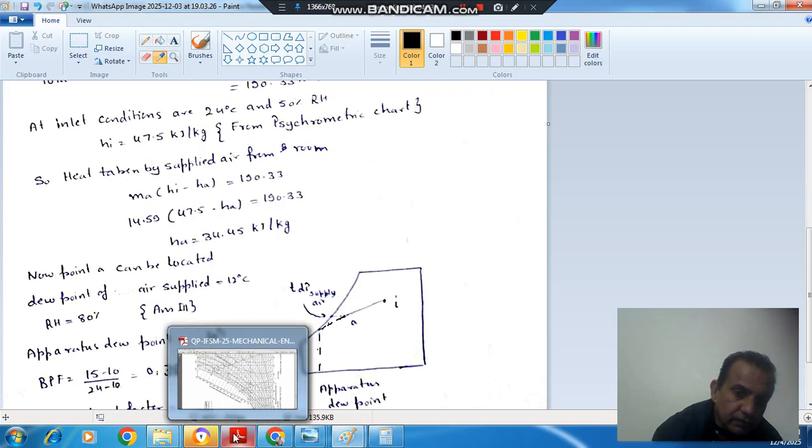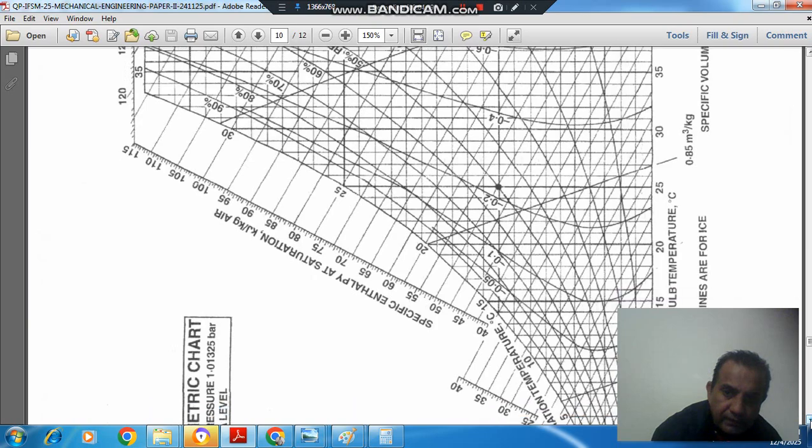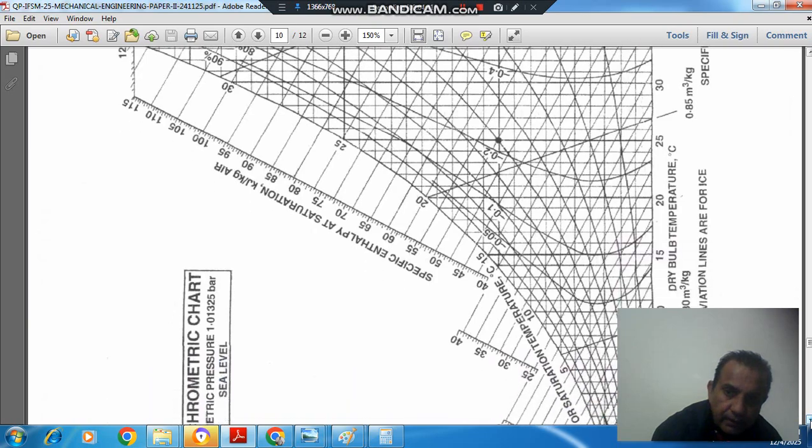So now initial air temperature is 15 degrees Celsius. So we can now locate this air supplied point. That is 15 degrees Celsius, and this enthalpy is approximately 34.45. So this will be the point.